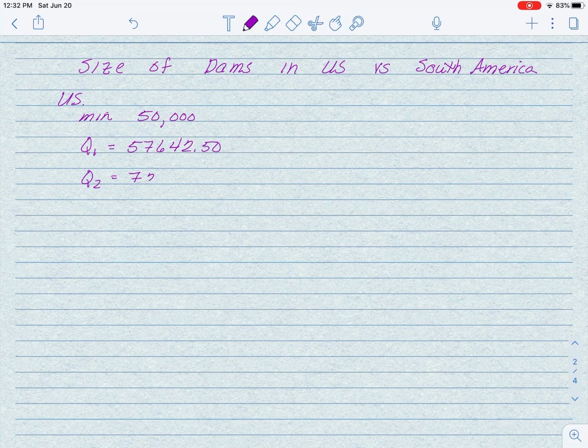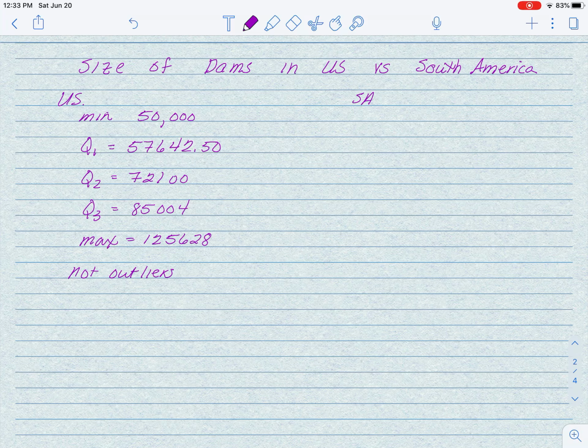Q2 is 72,100. Q3 is 85,004, and the max is 125,628, and there are no outliers.